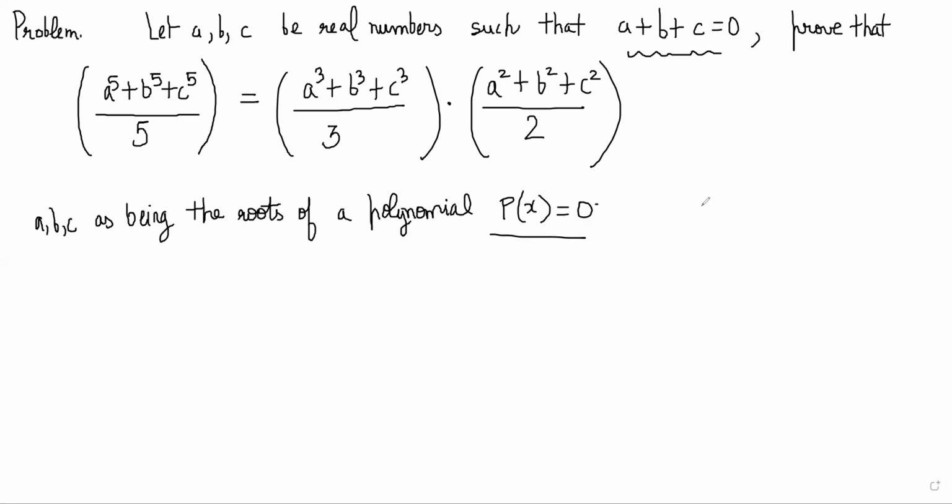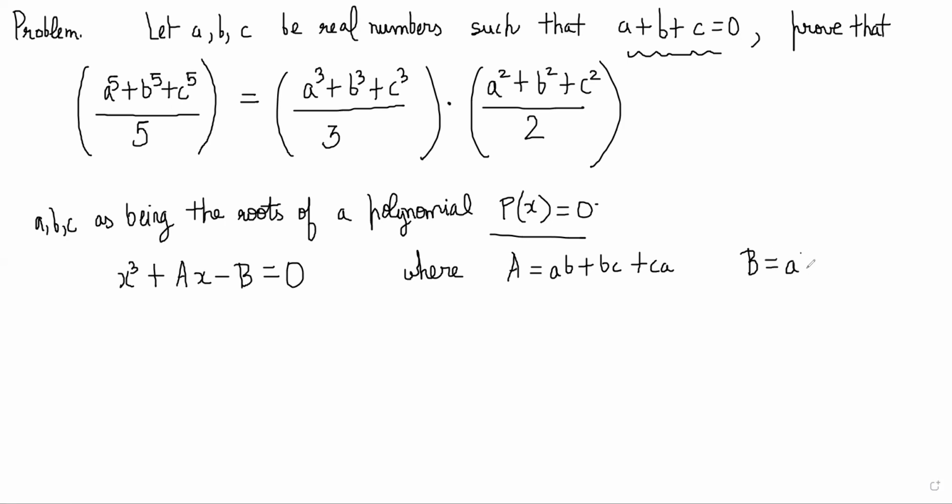And by Vieta's relation, we can write a cubic polynomial whose roots will be a, b, and c. So the way we'll do it is x^3 + Ax - B = 0, where A stands for ab + bc + ca and B stands for abc.